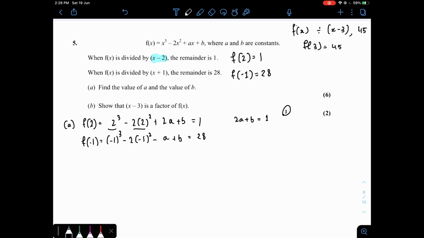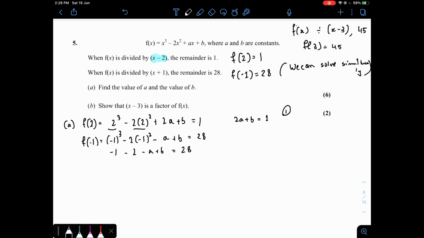You can see there are two variables, we have two equations, so we can solve simultaneously. In this case, minus 1 squared is 1, so minus 1 minus 2 minus a plus b equals 28.